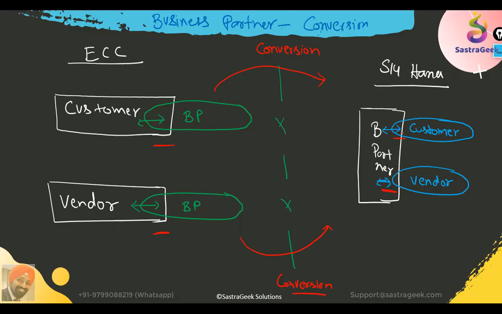So anything which is coming in S4 HANA as a customer needs to be linked with the business partner. Anything which is coming in S4 HANA as a vendor should have a mandatory link with the business partner. So the configuration which we'll be doing here is the opposite.